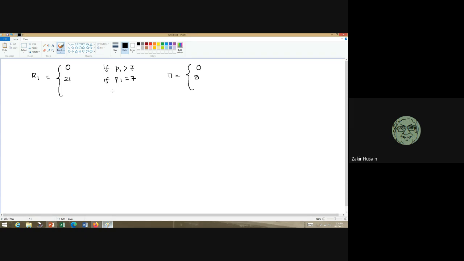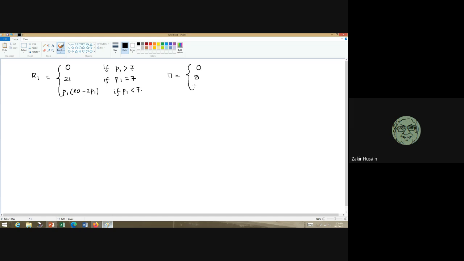The third case is if P1 is less than 7. In that case, his revenue will be P1 times (20 minus 2P1).